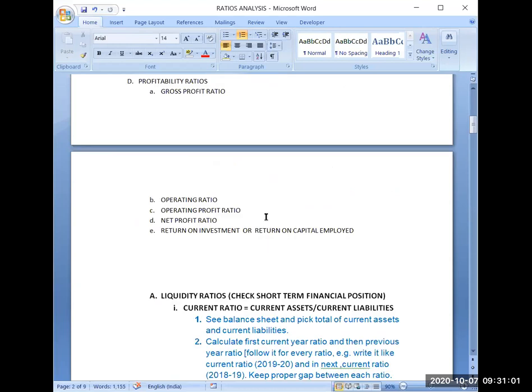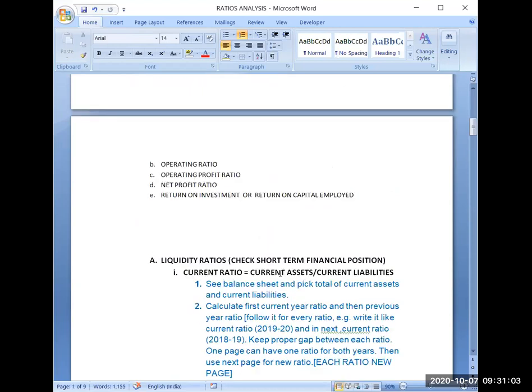Now see, in the numerator what is there? Current assets, and in the denominator, current liabilities. So what we are trying to find is how much current assets the company has against current liabilities, for their safety and payment.